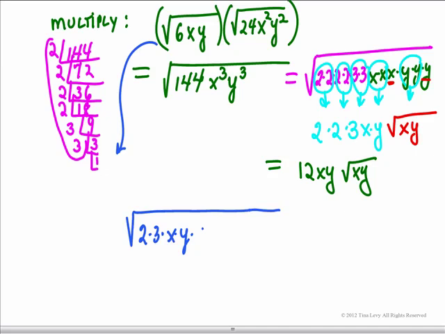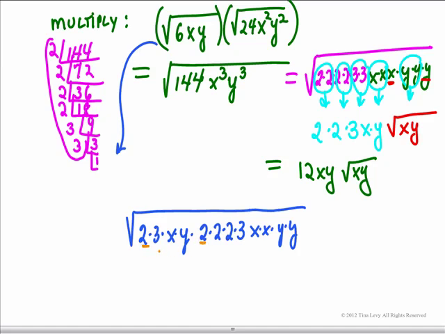I know the prime factors are 2 times 2 times 2 times 3, because it's 8 times 3. X squared would be xx, y squared yy. At that point, it's not necessarily organized with numbers and letters, but you can still calculate how many pairs you have.